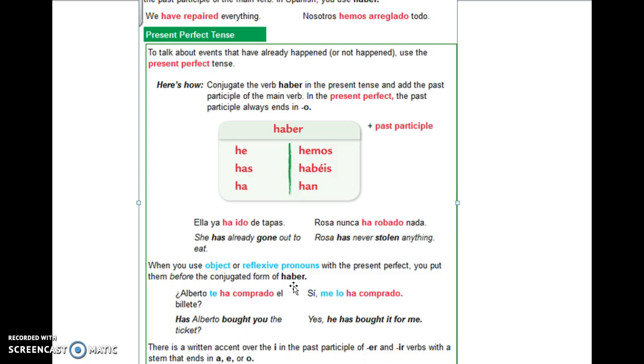No se ha afeitado. He has not shaved himself. Or in this example, Alberto te ha comprado el billete. It's a question. It's asking, has Alberto bought you the ticket? Has he bought you the ticket? Or sí, me lo ha comprado. He has bought it for me. The me and the lo or any of those other kinds of little pronouns are always going to go before.